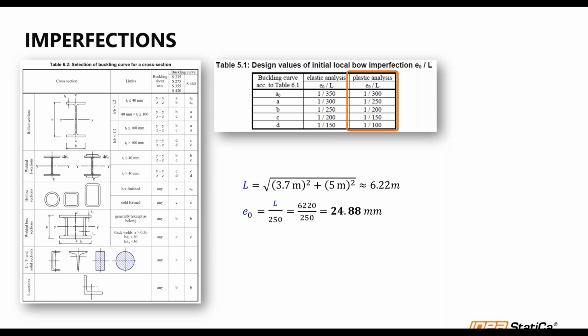To get the imperfection, we need to know the member length, which is something trivial, and basically we have an amplification factor of 24.88 mm that we need to apply to the buckling shape.